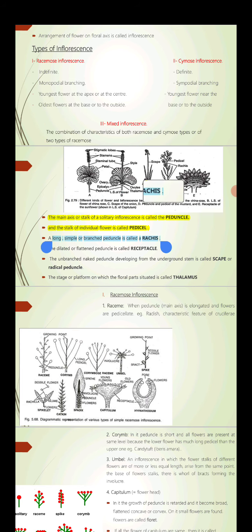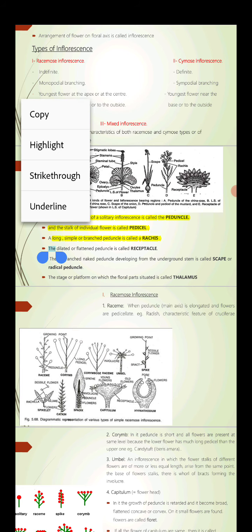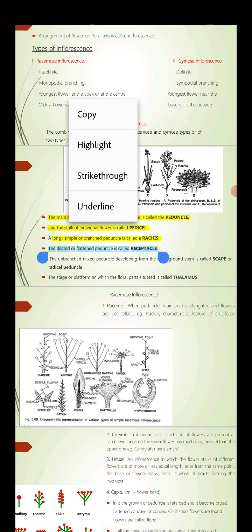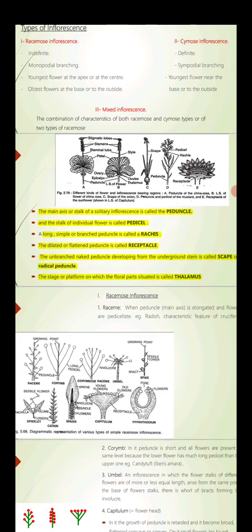A long simple or branched peduncle is called a rachis, and the dilated or flattened peduncle is called the receptacle. The unbranched naked peduncle which develops from the underground stem is called the scape or radical peduncle.